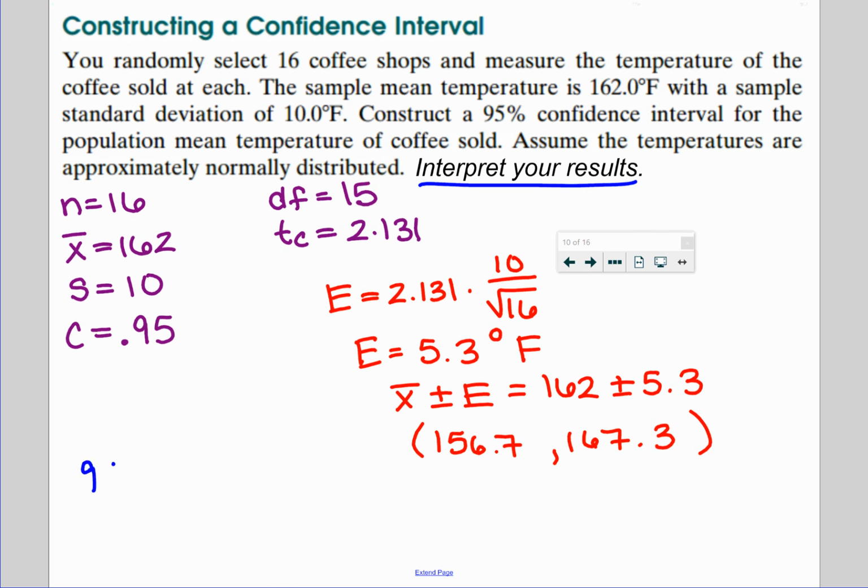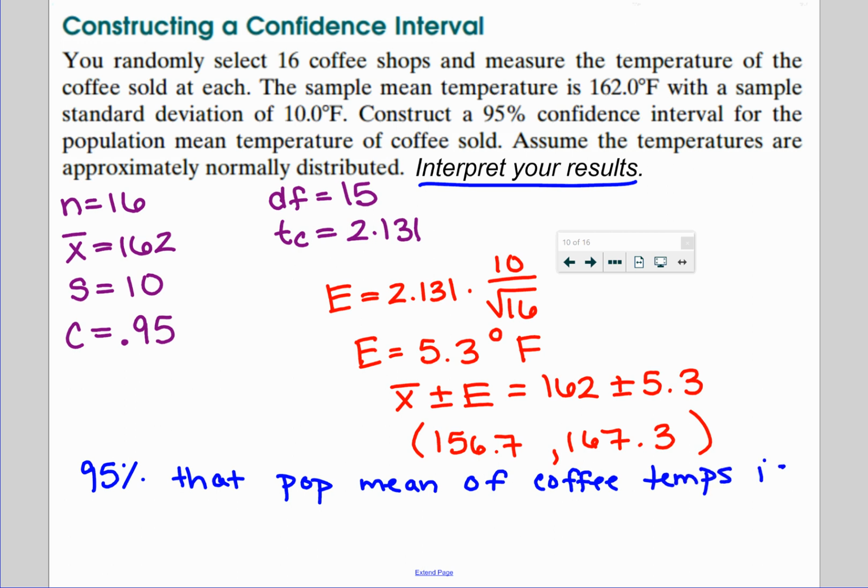I'm going to say I am 95% confident that the population mean of coffee temps, in this case, is between 156.7 degrees Fahrenheit and 167.3 degrees Fahrenheit.